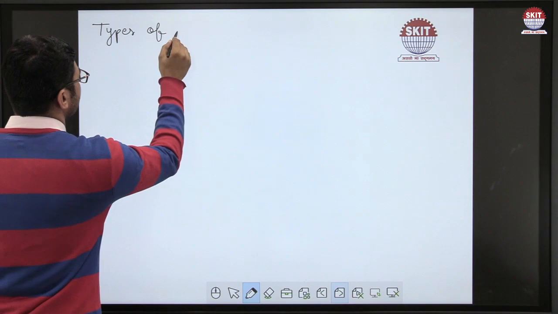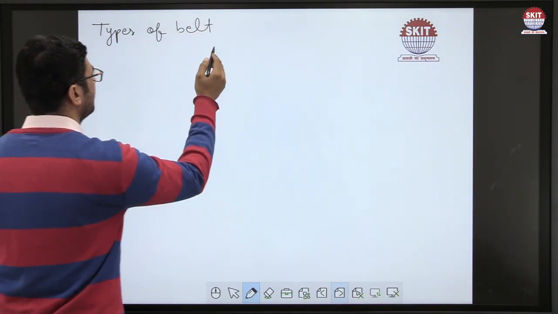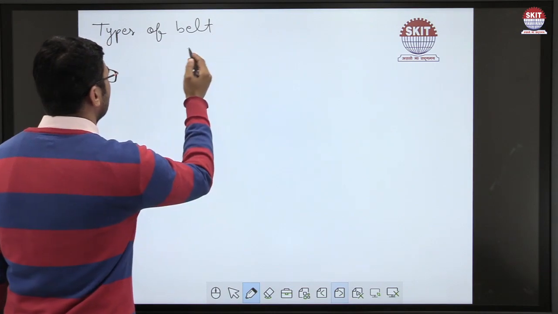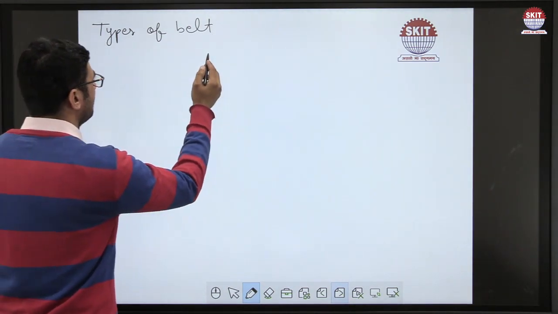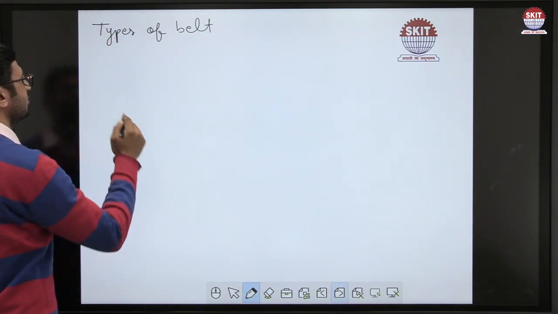Types of belt. We discuss here types of belt according to the cross section of the belt.